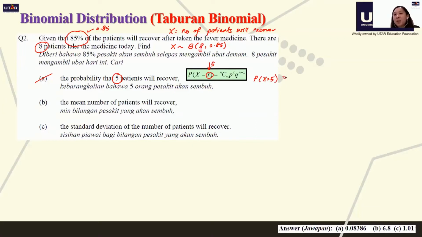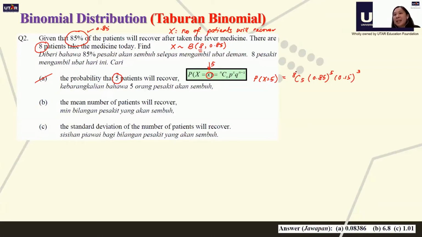This will give me 8C5. Then multiply with the probability of success, which is 0.85, to the power of the x value, which is 5. Then I have 0.15, the failure rate, to the balance power, which is 3. Just go with the formula.